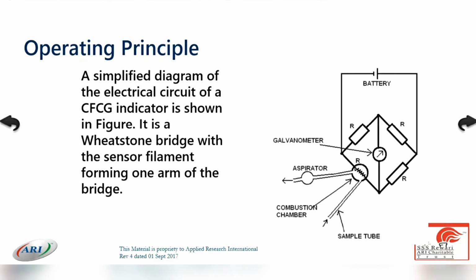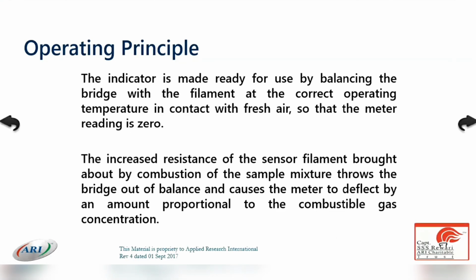A simplified diagram of the electrical circuit of the CFCG indicator is shown in the figure. It is a Wheatstone bridge with the sensor filament forming one arm of the bridge. Hope you all have drawn this diagram. The indicator is made ready for use by balancing the bridge, with the filament at the correct operating temperature in contact with fresh air.